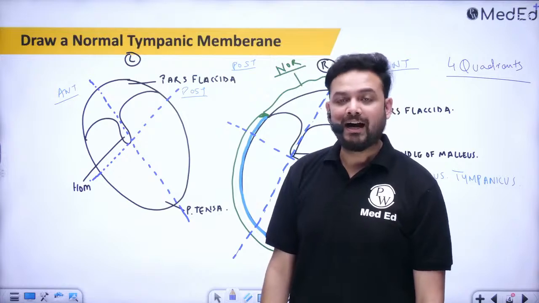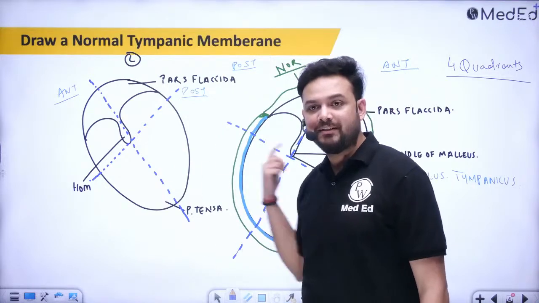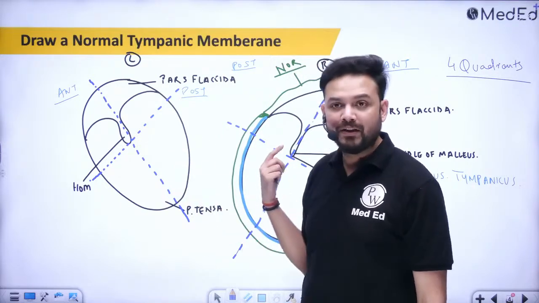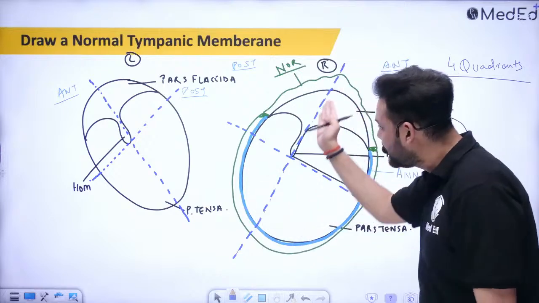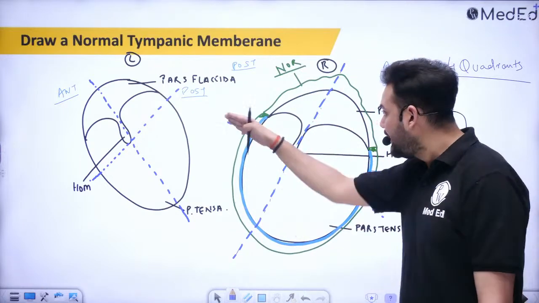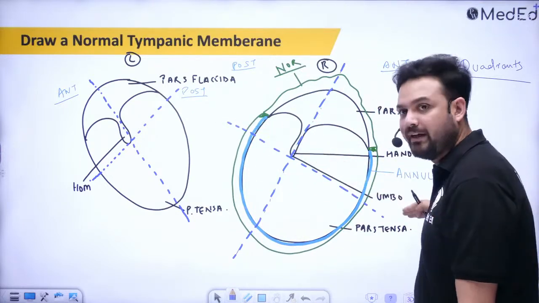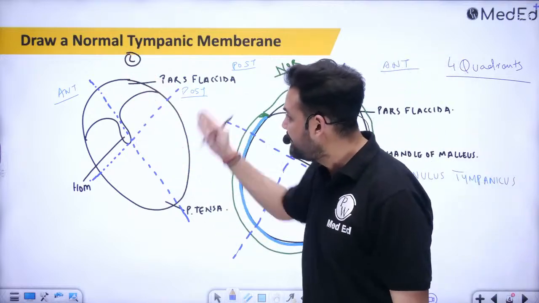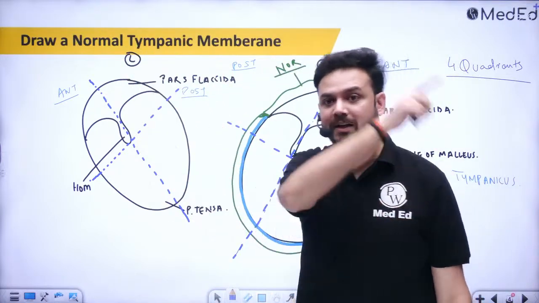Is everybody visualizing how we bisected it? One line passing down vertically along the handle of the malleus, one line going perpendicular horizontally passing the umbo. We have made a kind of cross, right?